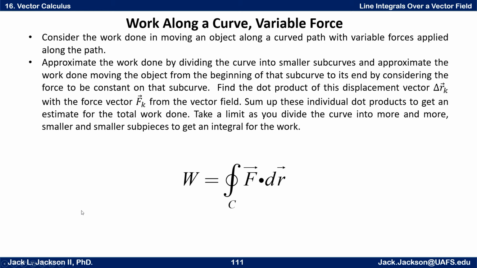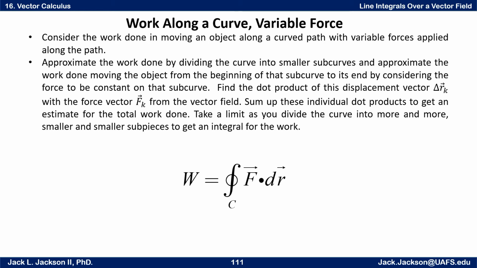So we want to consider the work done in moving an object along a curved path where the variable force is applied along the path. We can approximate the work done by dividing the curve into smaller subcurves and approximating the work done moving the object from the beginning of that subcurve to its end by considering the force to be constant on that subcurve, say the same as it is at the beginning.